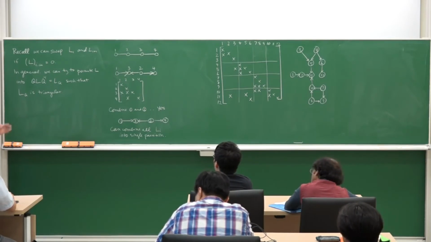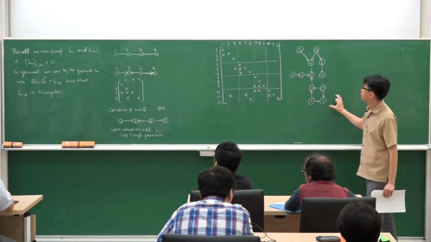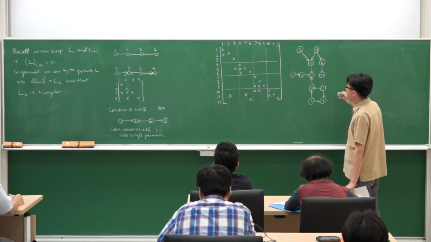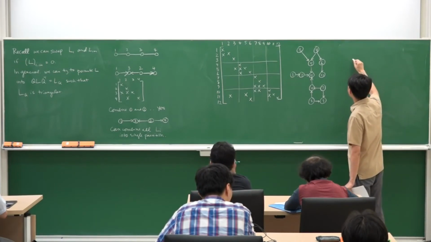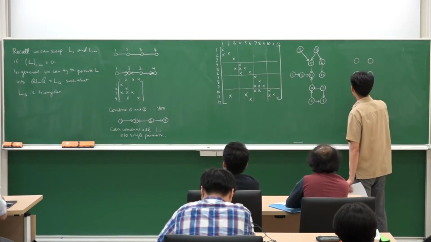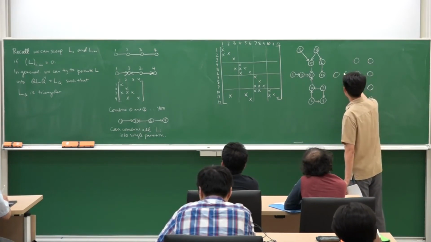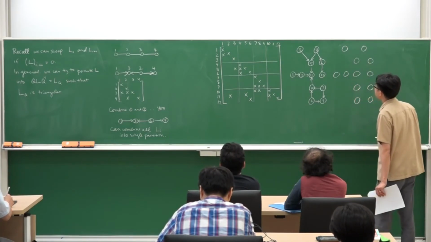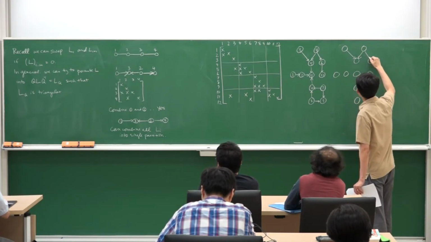And let's try to find such a permutation for this graph. In other words, we have a structure, but we don't know the numbering. So I'm going to redraw the structure, but I'm not going to draw the numbers, because the new numbers are going to be the new ordering. So here we have the structure. The edges have to stay the same.